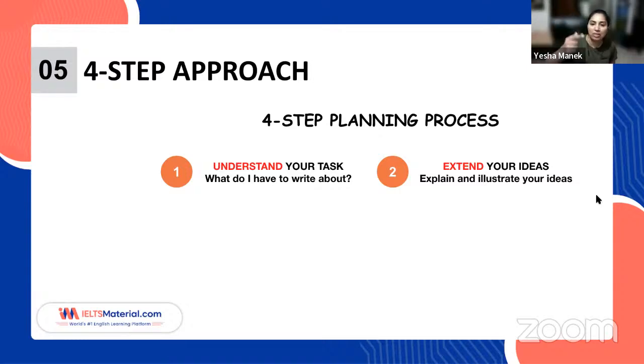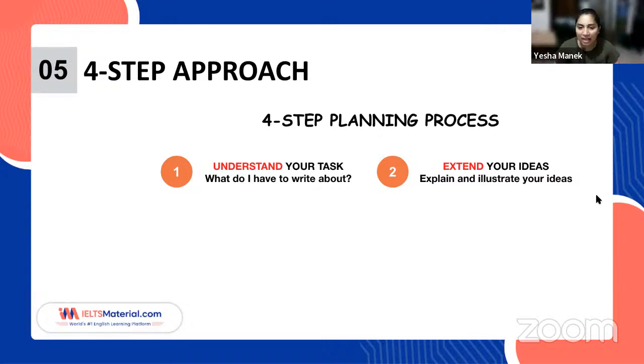So what I would do, I would start collecting points related to viewpoint 1 and viewpoint 2. I'll just make pointers. I'm not going to write complete sentences. Relevant to those pointers, I'll also take up a few examples as well. I'll collect everything. I'll make notes.